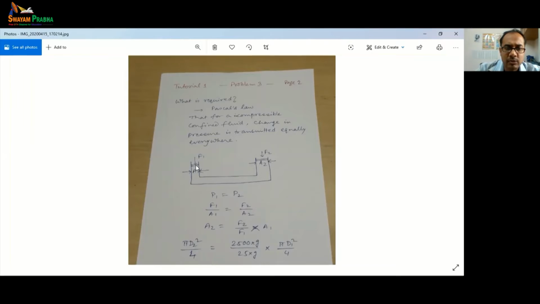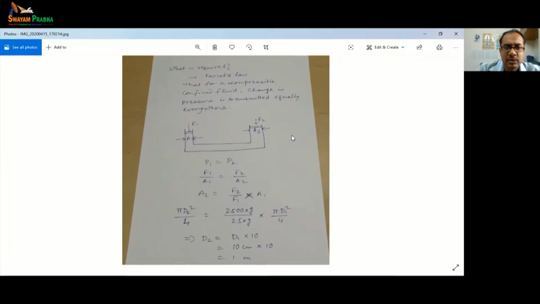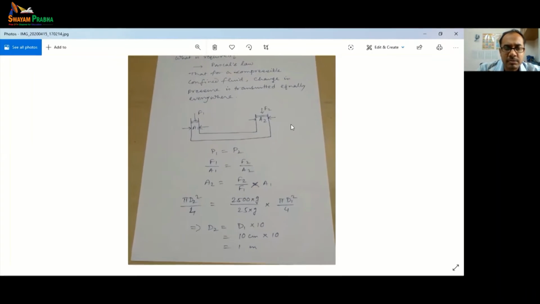So at one portion of the fluid, if you increase the pressure a little bit, the same pressure will be transmitted to the other side of the fluid. Everywhere that pressure will be transmitted. So that's the concept of Pascal's law.